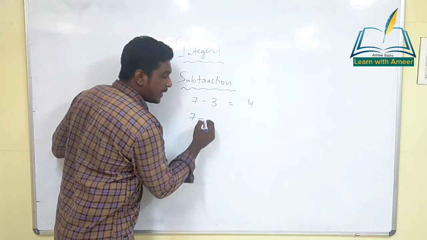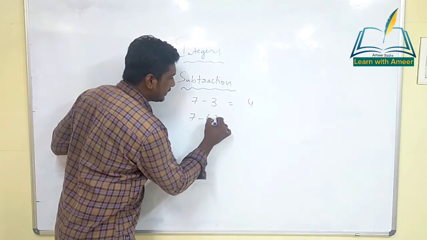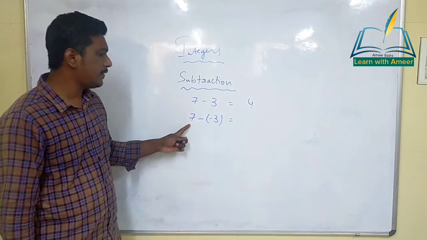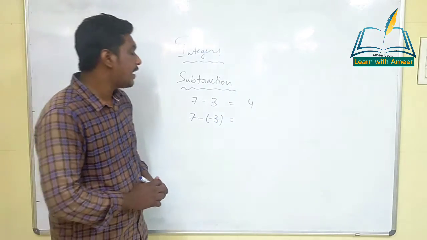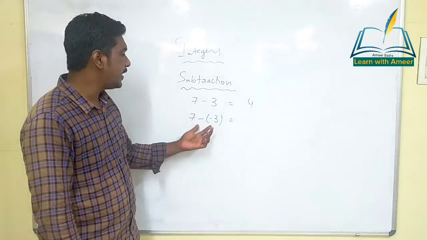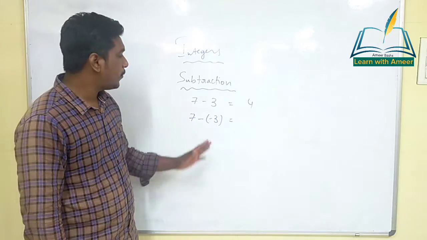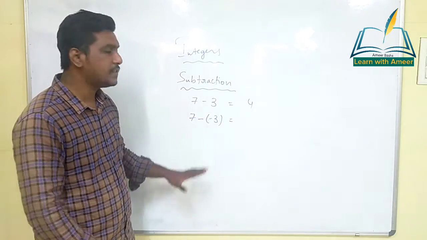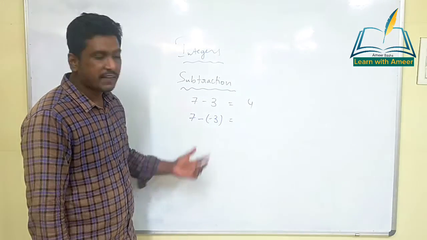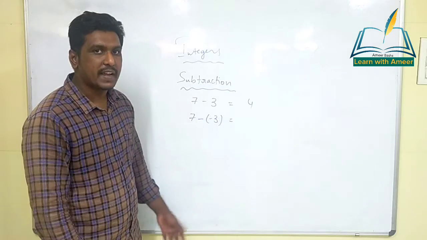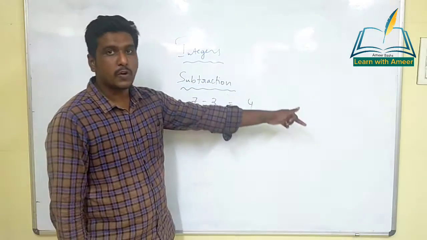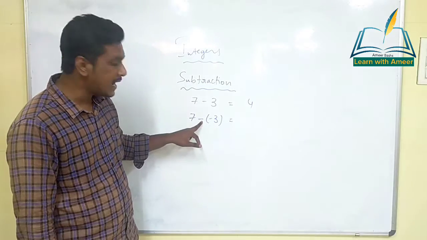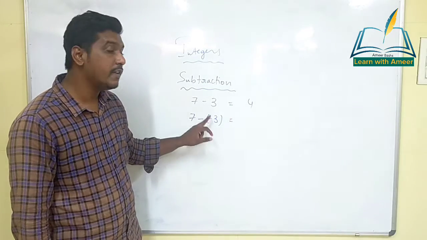Next, 7 minus, minus 3. We have to be very careful, children, whenever we get it like this. The first thing we have to do is simplify this. Sir, how do we simplify? If you can recollect the 4 rules, whenever we multiply minus with minus, what do we get? Plus.